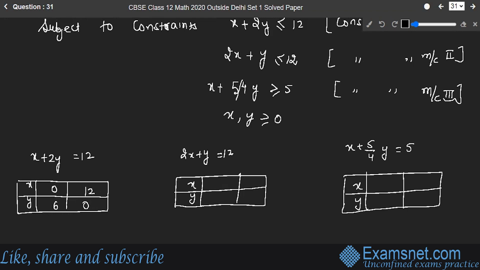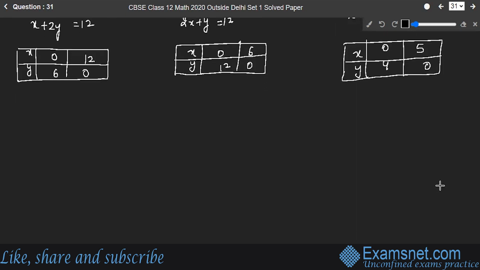And similarly here, when x is 0, y is equal to 12. And when y is 0, x is 6. From here, when x is 0, y comes to be 4. And when y is equal to 0, x is equal to 5. Okay, we got the points. Now let's plot the graph for these three lines.